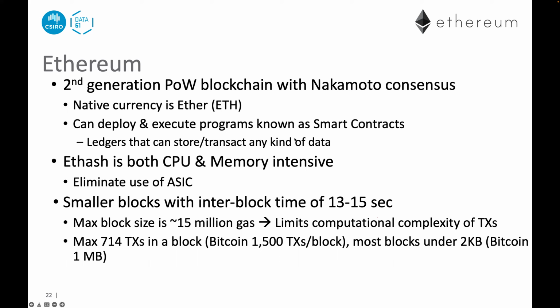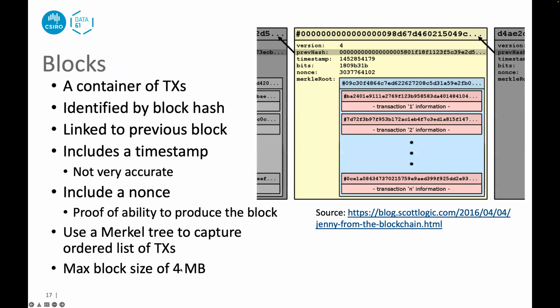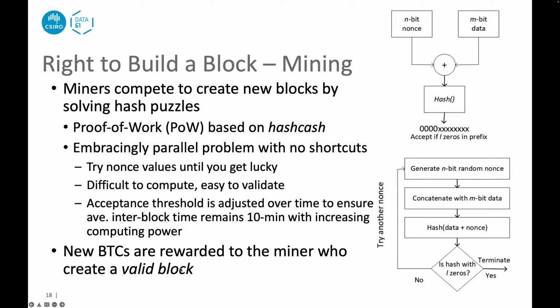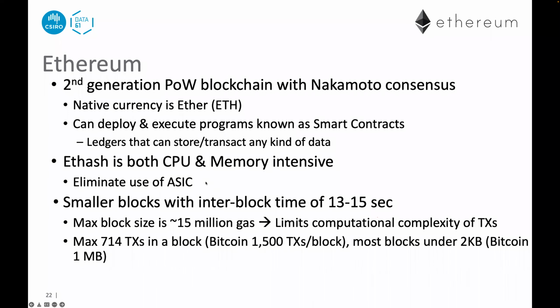Now, it uses a similar structure, but the key difference is that these blocks are generated much faster, every 15 seconds, let's say. And again, there is a limit on the size of the block that you can generate. In the Bitcoin world, it is defined in terms of megabytes, so 4 megabytes today. Whereas in Ethereum, it is defined based on something called gas.